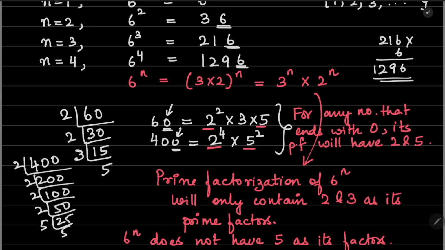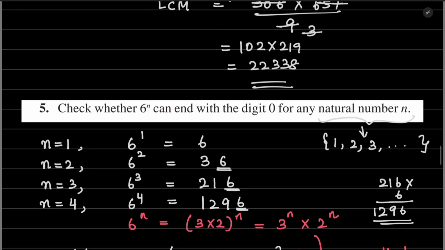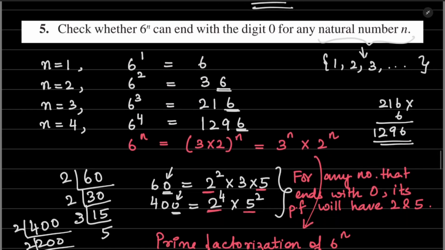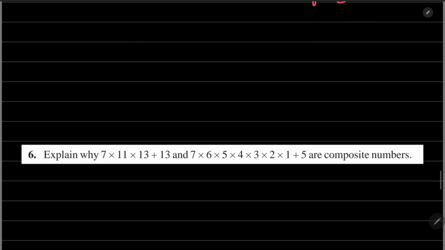So you have to elaborate and write this answer. This is how you have to do it whenever you are asked a question of this kind, to check whether 4 raised to the power n can end with 0. You have to check and then decide. Okay? Let's move on to the next question.